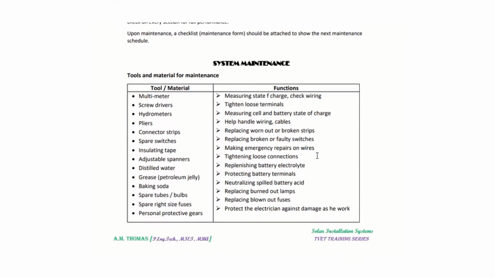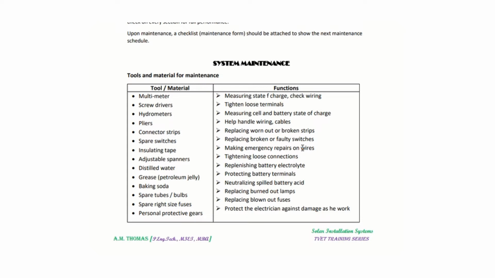Let's look, when you are going as a technician, when you are moving on site, there are some tools and materials we expect you to have. For instance, you need a multimeter which helps you to measure the state of charge and even check the wiring, the continuity. We expect you to have screwdrivers which will help you to tighten the loose terminals.